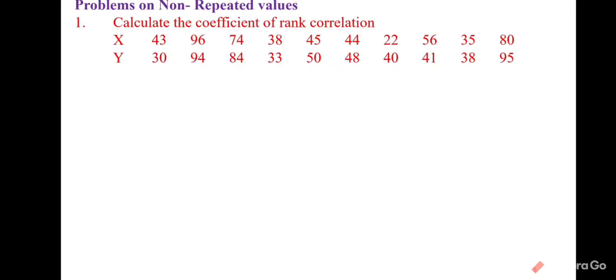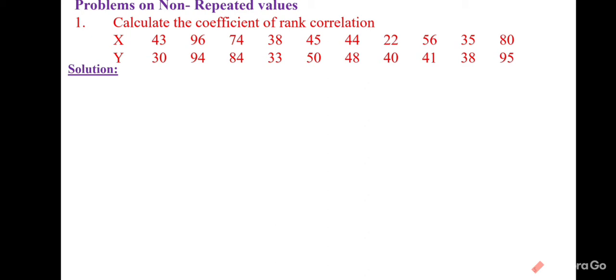In rank correlation, we are going to study problems on non-repeated values, that means the values occur only one time. First, the given values of x and y will be written vertically.